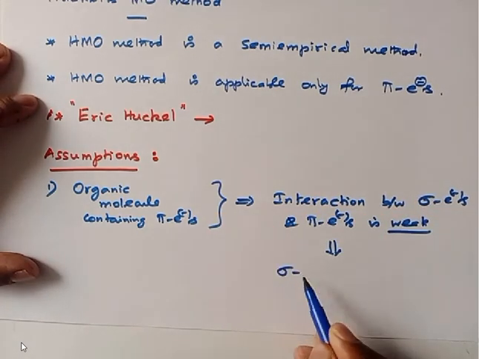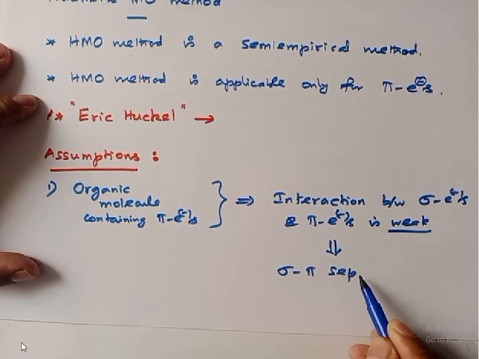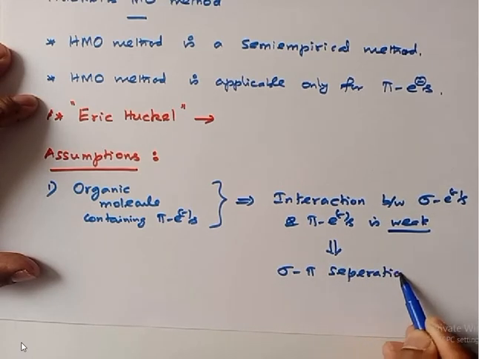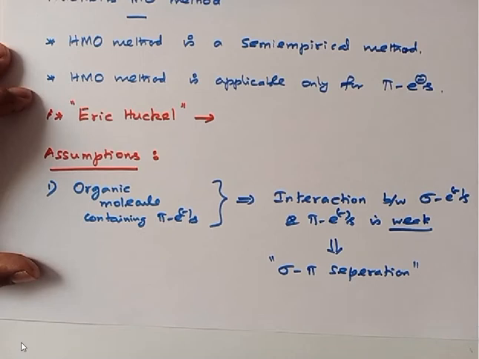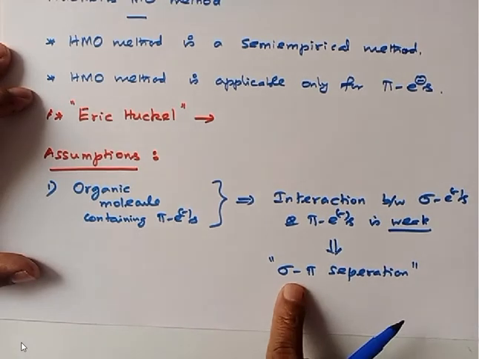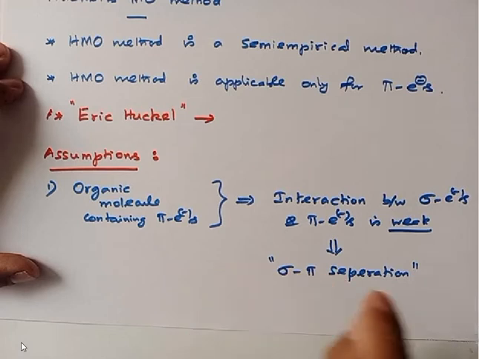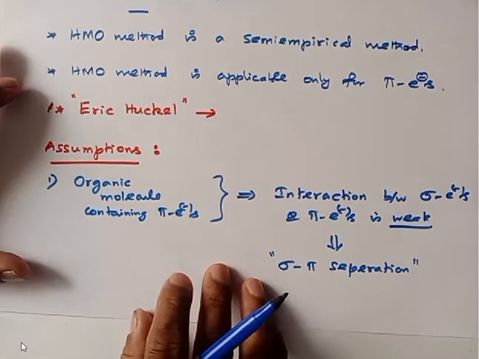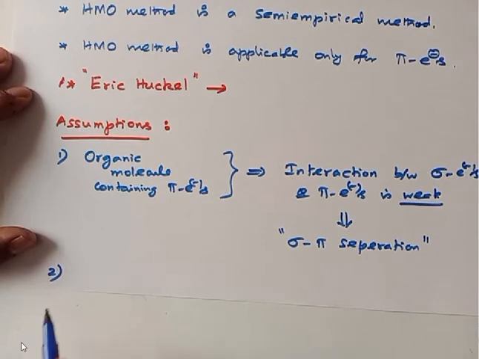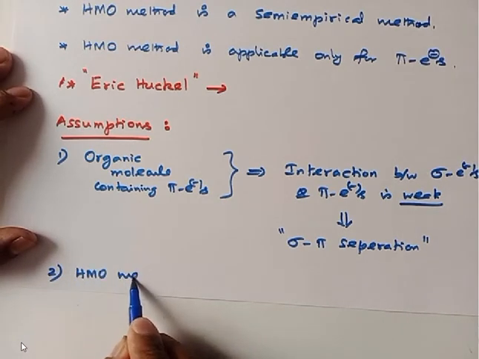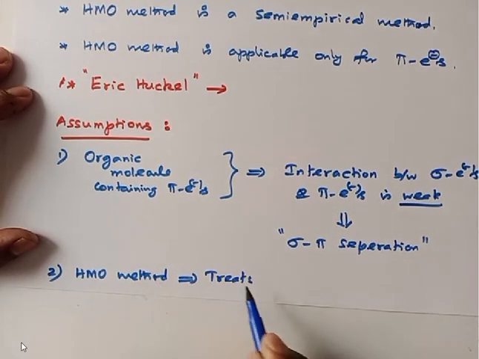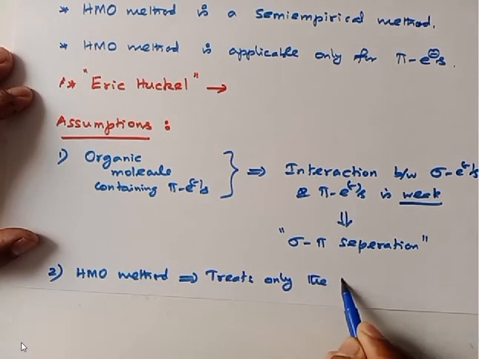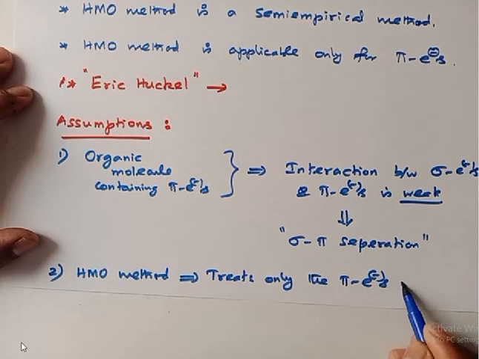Sigma-pi separation, meaning sigma electrons and pi electrons are treated separately, is the first assumption made in the Huckel molecular orbital treatment. The Huckel method treats only the pi electrons of the molecule.